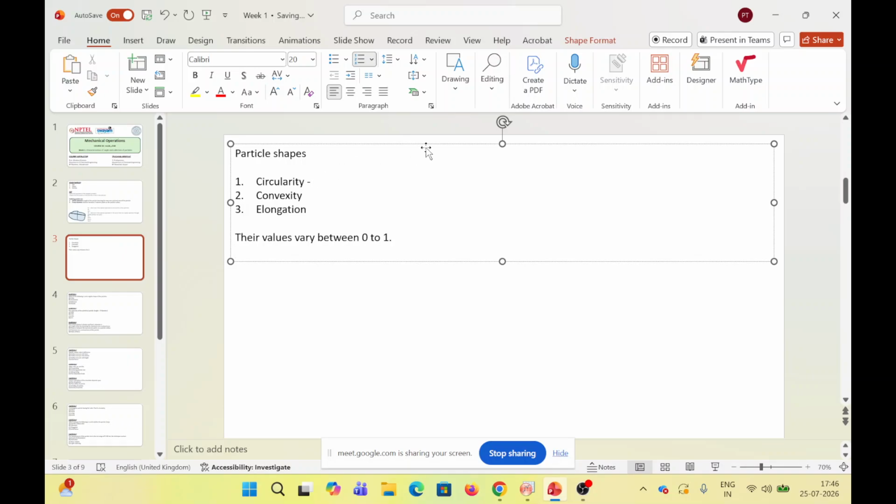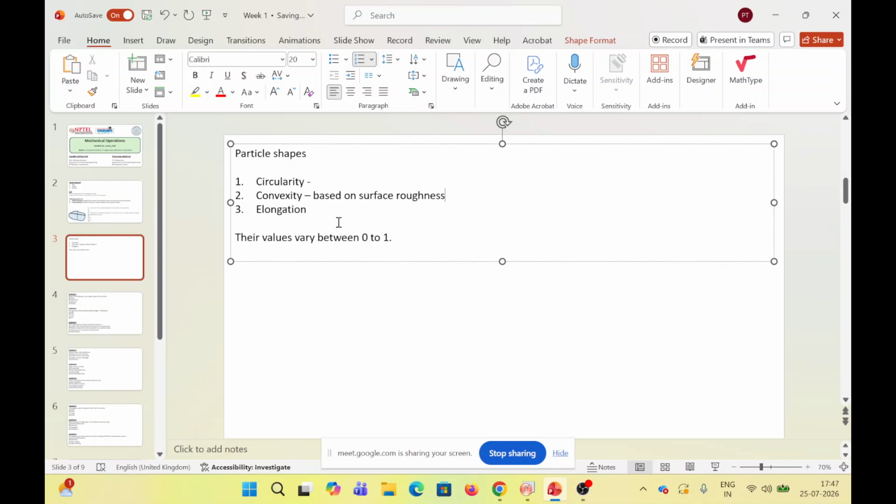In case of circularity, for a circle the value is going to be 1, whereas for a needle, like a pin, the circularity is going to be 0. For convexity, it is going to be based on surface roughness, that is how rough the surface is going to be.